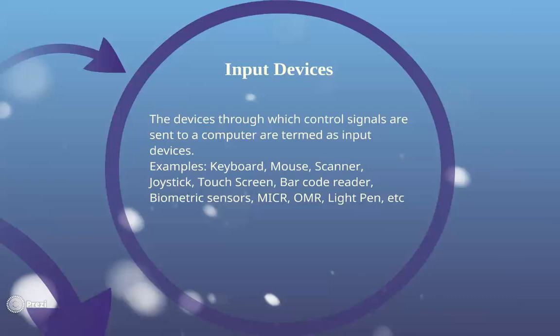Joysticks are generally used for playing games. Touchscreen phones are there. Touchscreen laptops are also there. Anything you touch on the particular area, it gets input or instruction accordingly. Barcode reader.